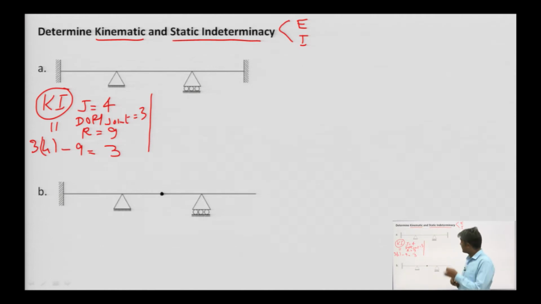Kinematic indeterminacy in this case is 3. What are those? This one rotation here, and horizontal displacement and rotation. These are 3 degrees of kinematic indeterminacy.